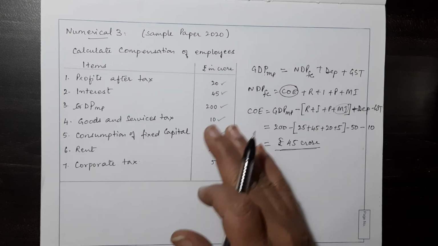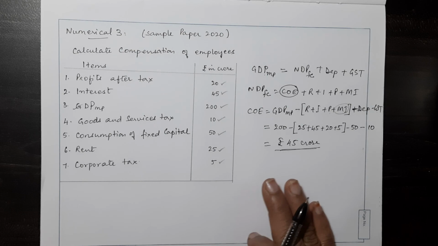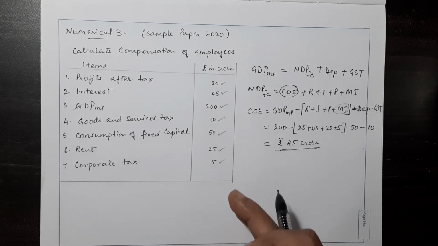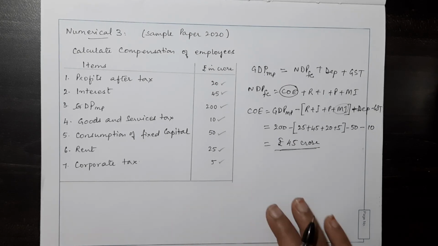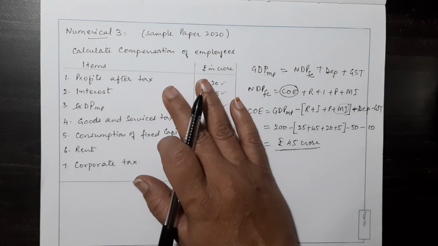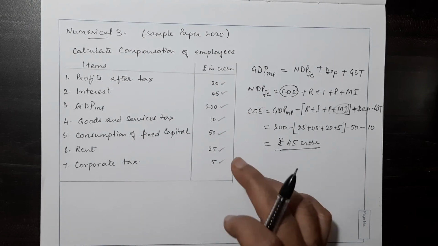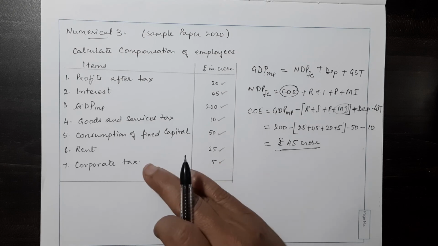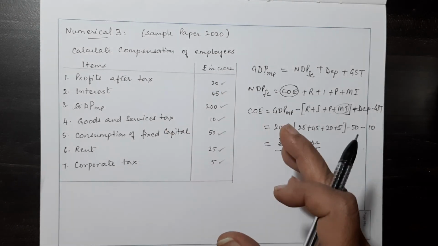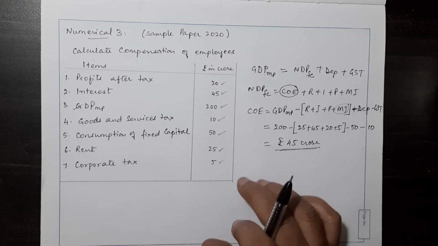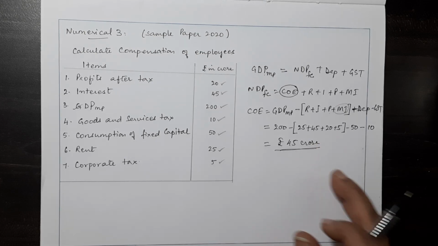Like in the previous example we saw certain things could be eliminated, like exports was given to us, so that could be eliminated because that is not a value addition part. So we need to be very careful. And profits after tax, corporate tax, where are these included? It's very important that we understand that corporate tax and profits after tax are the sum total of the profits. So if we can do that, then calculation of national income becomes easier.